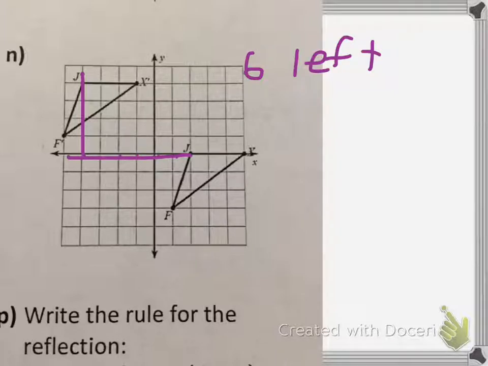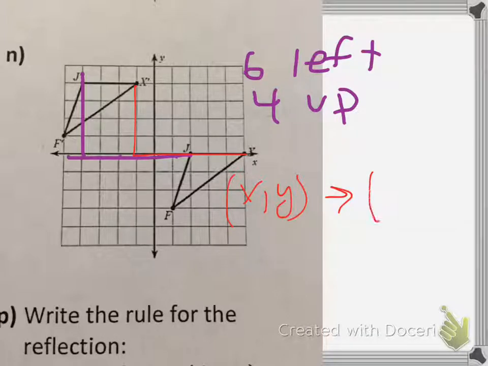And 1, 2, 3, 4 up. So 6 to the left, 4 up. Did it work the same on the Z? Yeah, 6 left, 4 up. So that means our x's and our y's started out as x and y, and we moved 6 to the left, which is a minus 6, and the y's went up 4, which is a plus 4 for our rule.